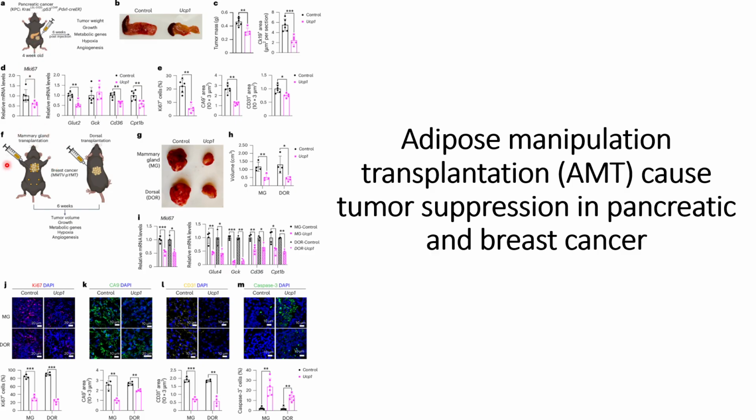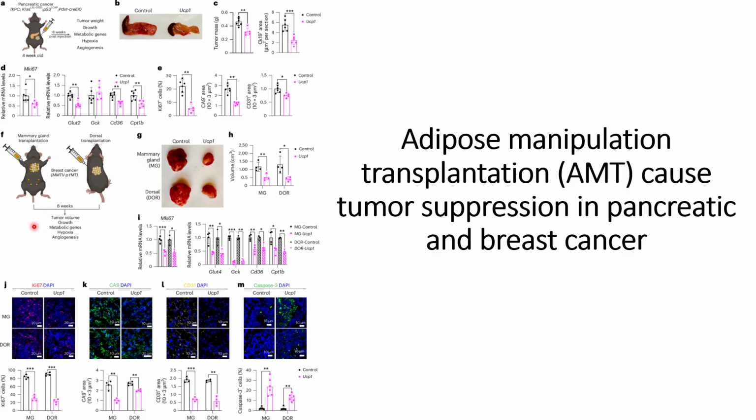Similar experiments were done in a female mice model, where they first injected breast cancer cells, MMTV-PyMT, and then transplanted the adipose at two different sites. The first is the dorsal site, and the other is the mammary gland site. It can be seen here.